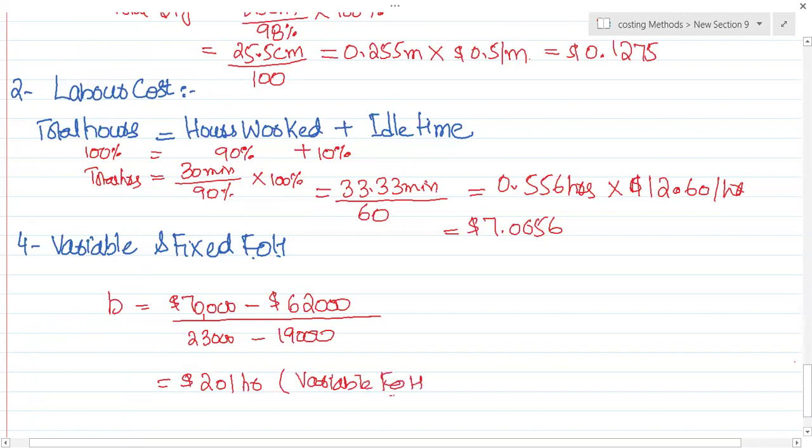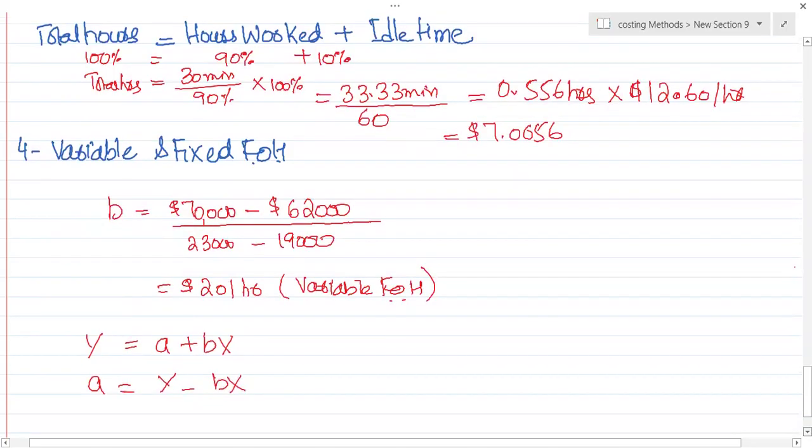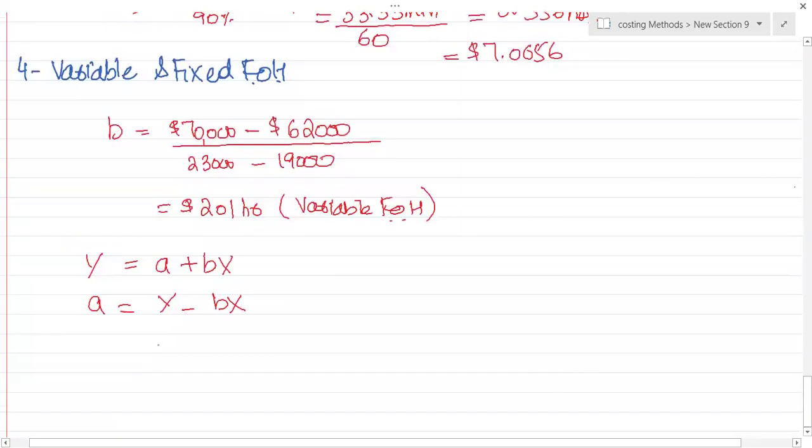Okay. Now, we have to calculate our fixed overhead. We put the formula y is equal to a plus bx. Now, I want to find a is equal to y minus bx. You can choose any cost from the highest or the lowest activity level.